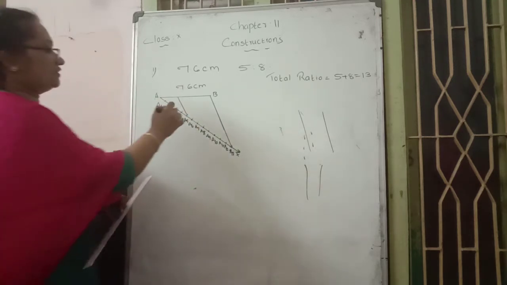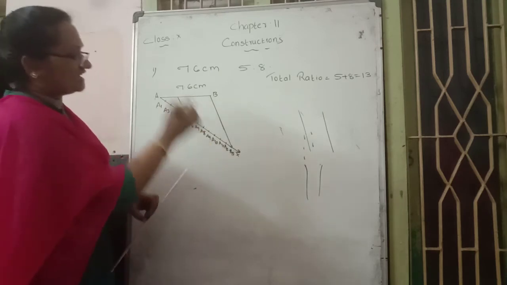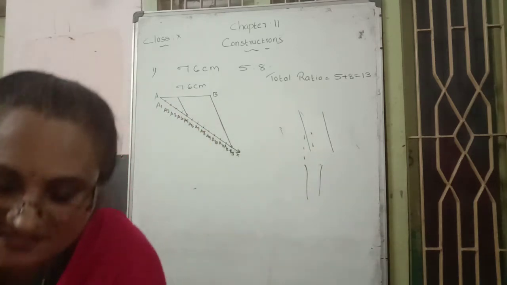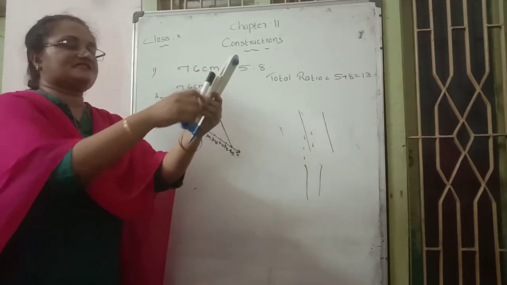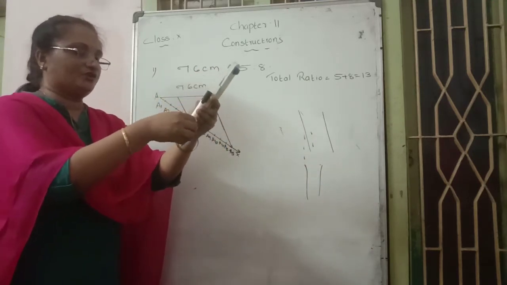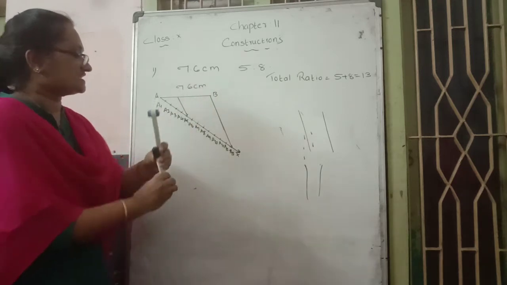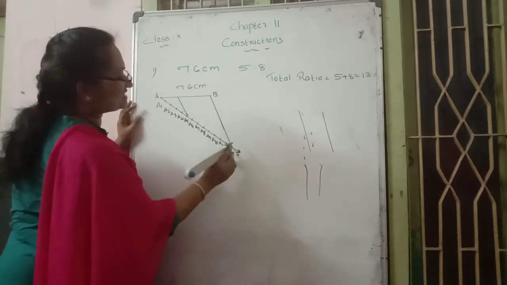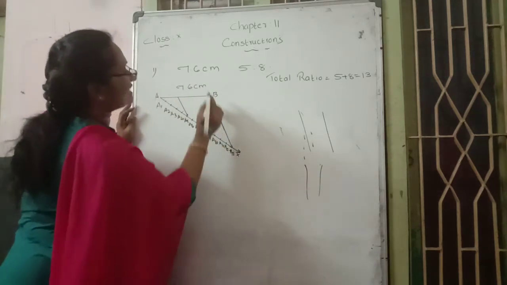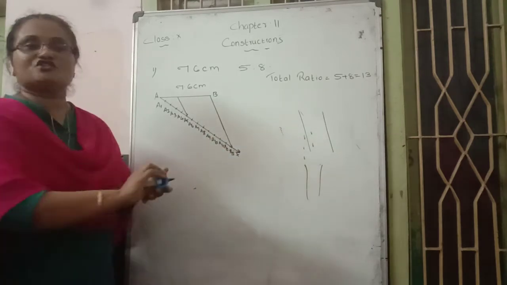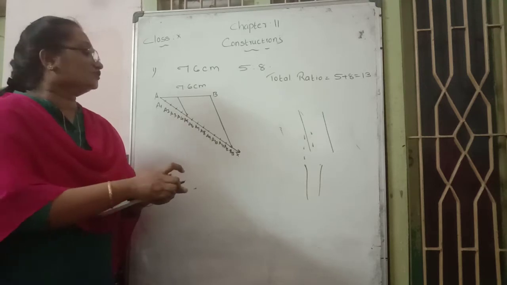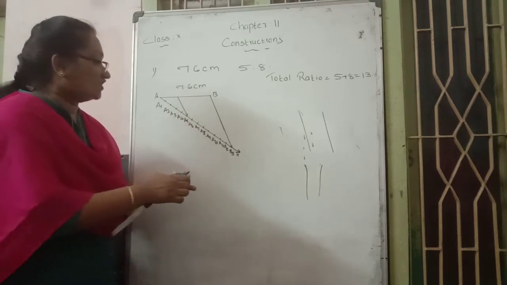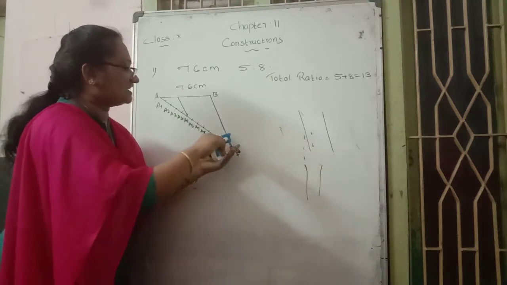Or otherwise, take out your compass and draw an arc. The two arms are A13 and BA13, two line segments, and their vertex is A13.